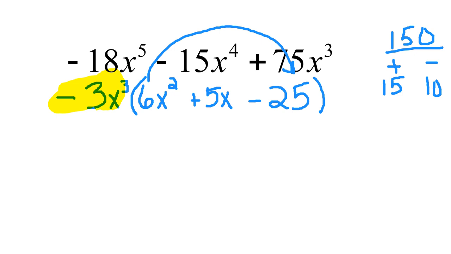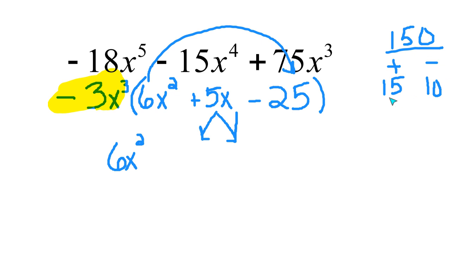Once we find the two factors, we're going to rewrite this middle term, 5x, using positive 15 and negative 10. Let's bring down the first term, which is 6x squared. When I go to rewrite this 5x, it does not matter if I write positive 15 first or negative 10 first.